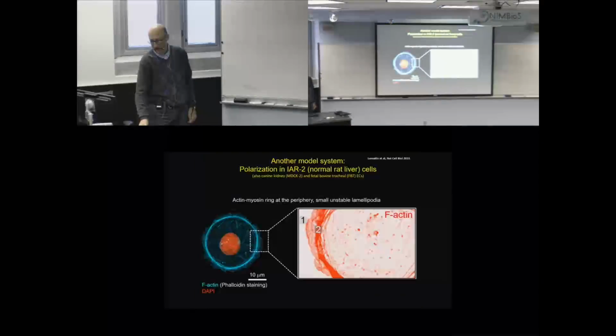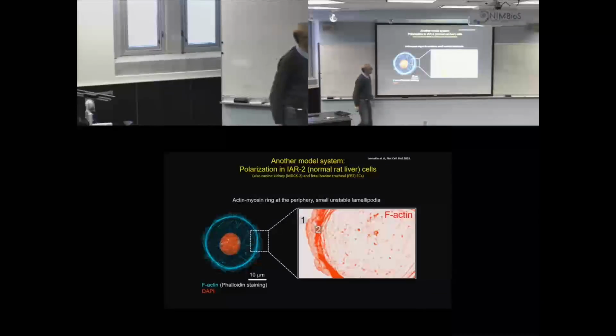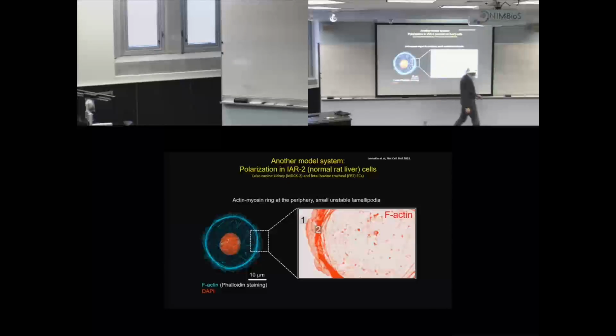Let me skip that. The last thing I wanted to tell you is how different cells spontaneously polarize. Sometimes after talks like that, people ask me, how general is your model? Is it applicable to other cells?